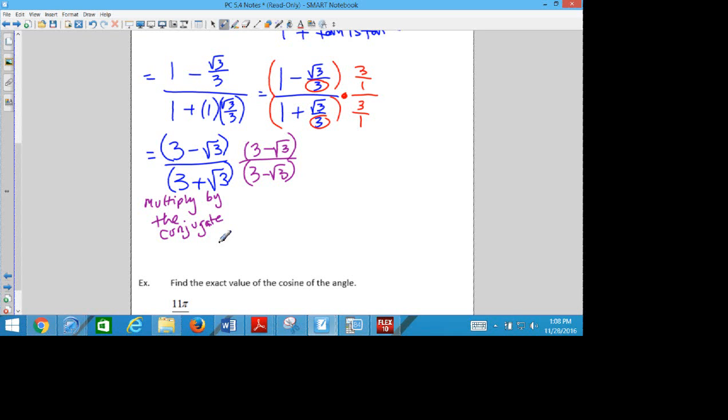How do we multiply those? FOIL. So we're going to FOIL the top and FOIL the bottom.